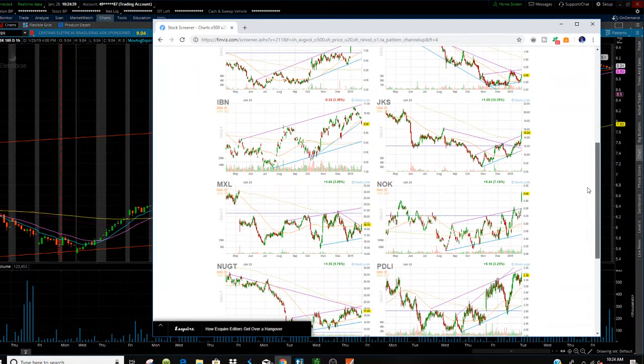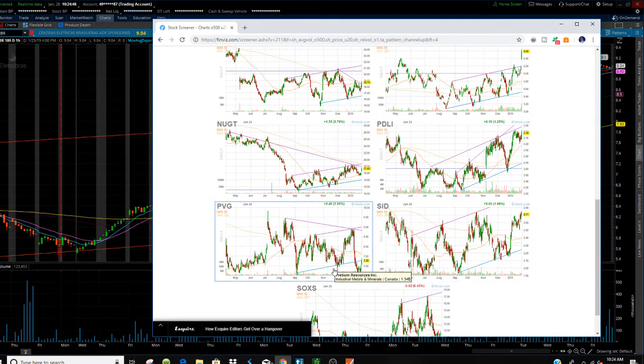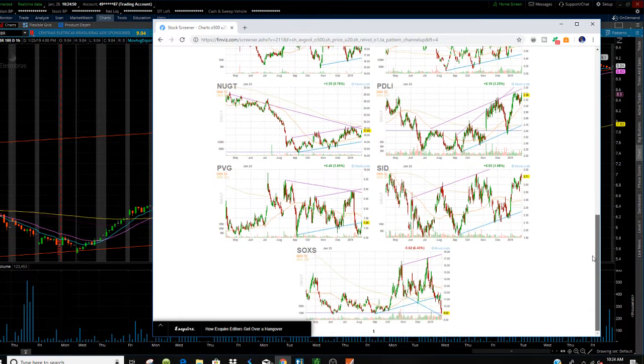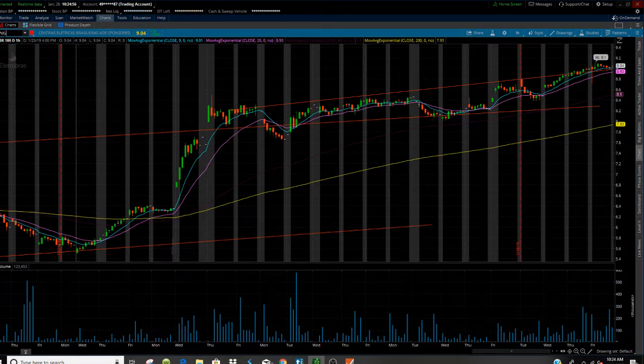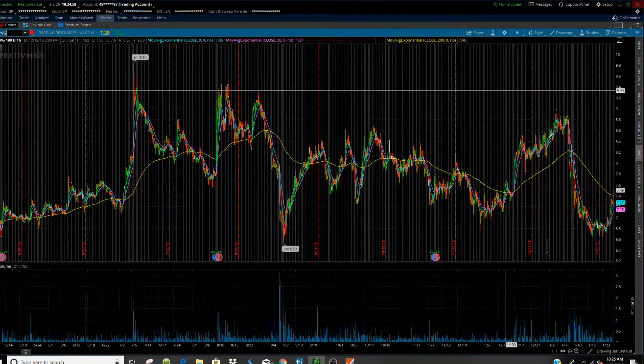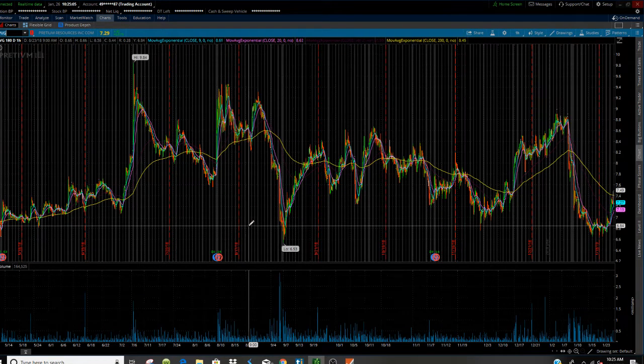So, all right, this one's up too much. So we're just looking for stocks that are something like this. Let's see what this one looks like. PVG. I'm just doing quick.